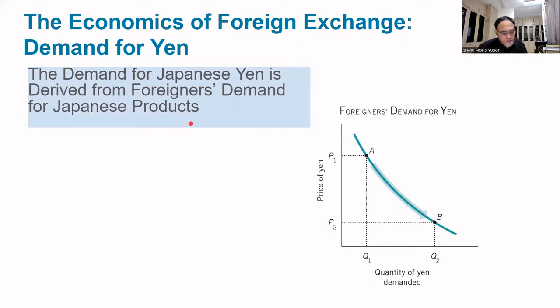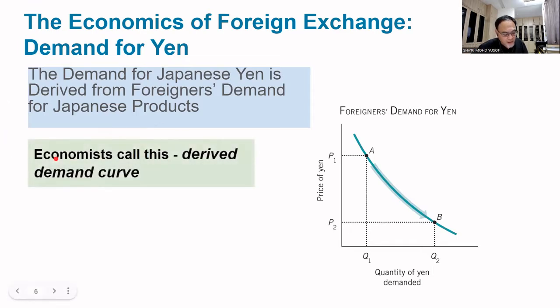Okay, let's assume that we are looking from the Japanese perspective. So this is the so-called derived demand curve, because the demand for yen is derived from the foreigners' desire to acquire Japanese goods.